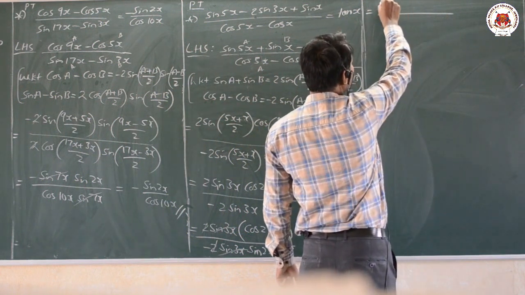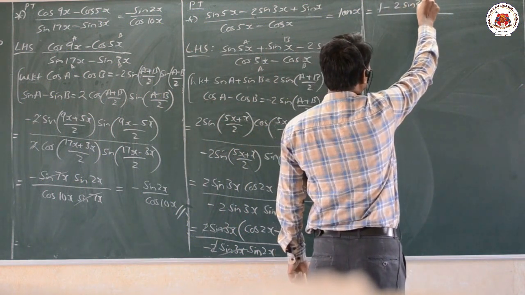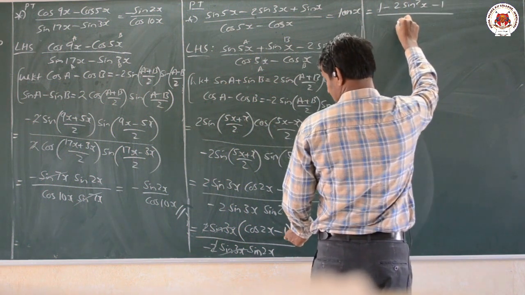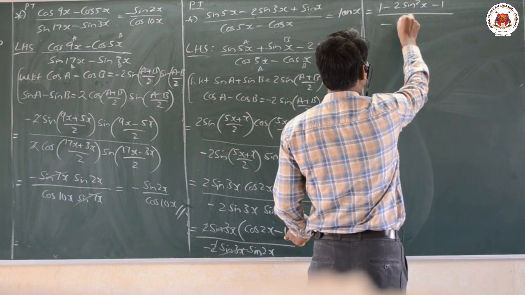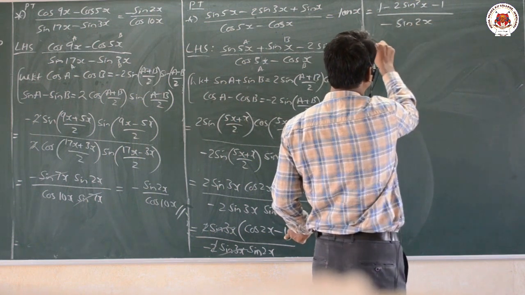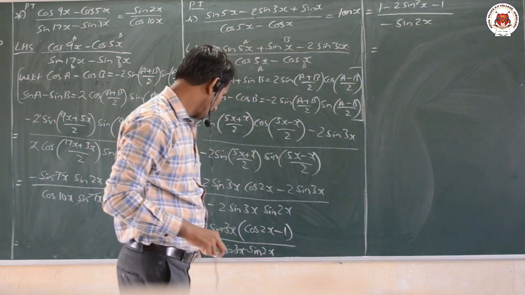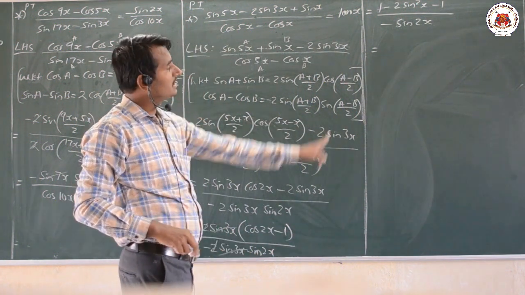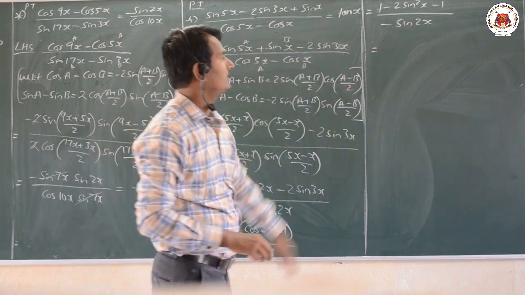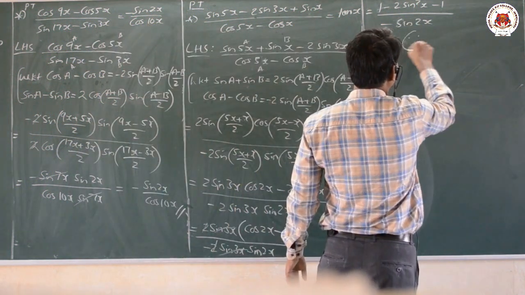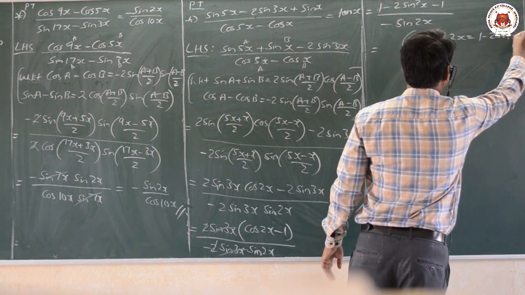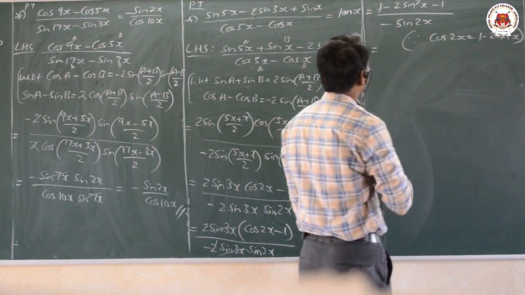Cos 2x I can write as 1 minus 2 sin square x, and here already it is minus 1, whole divided by minus sin 2x. Here 2 gets eliminated, sin 3x gets eliminated, leaving minus sin 2x. Cos 2x I am writing as 1 minus 2 sin square x, because cos 2x equals 1 minus 2 sin square x. This is your formula.